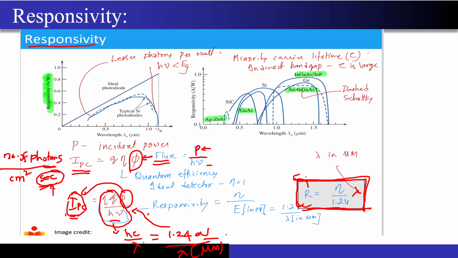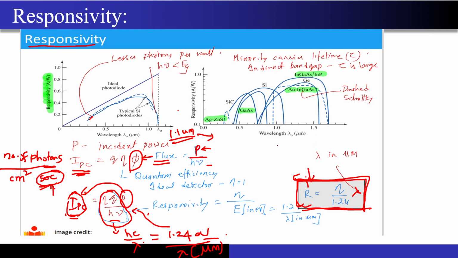So now we will see how our silicon photodiode will respond to the different wavelengths. If I go to a lambda which is higher than maybe 1.1 micrometer, then that photon is not gonna get absorbed, so I will not be getting any photocurrent. So the responsivity should fall off over there.